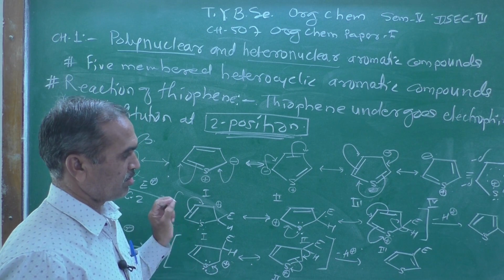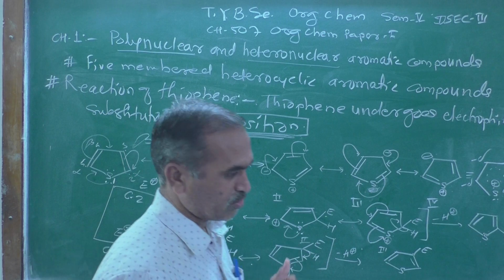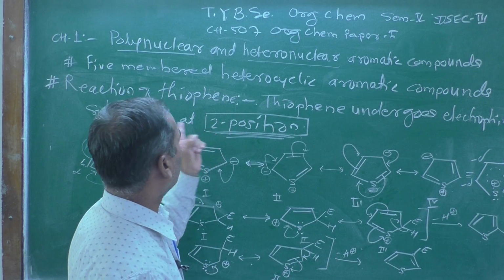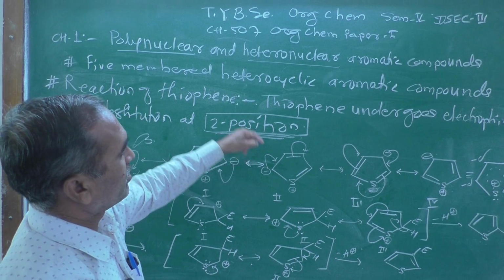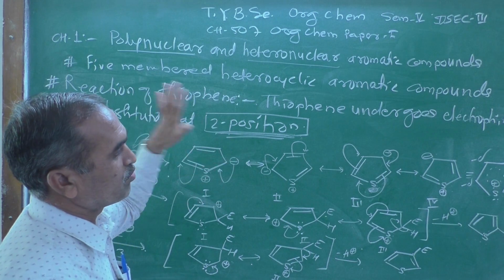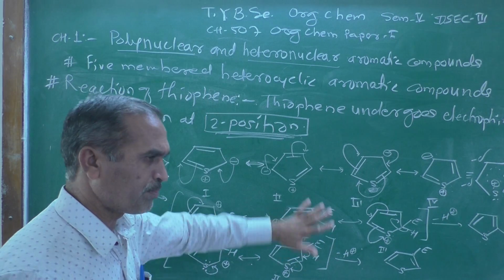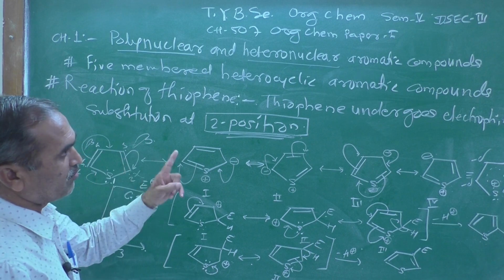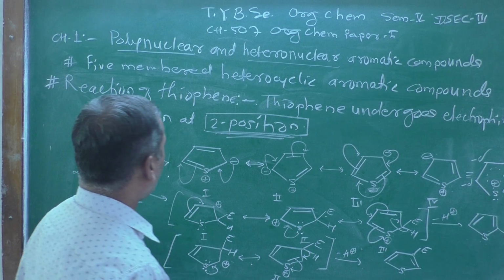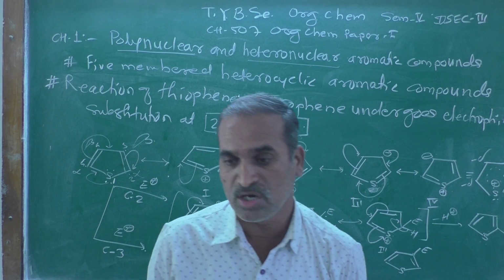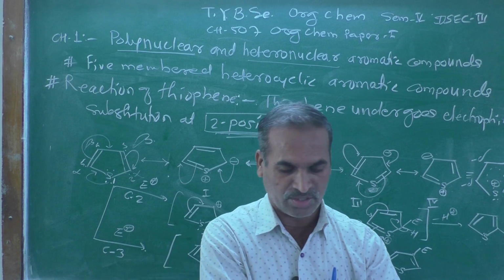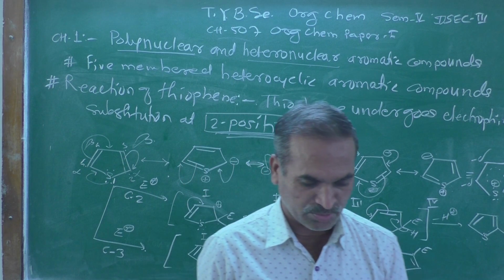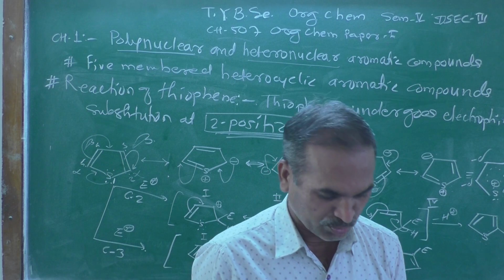Therefore, preferentially the electrophilic substitution occurs at the 2 position, and you should remember this sentence forever whenever there is an electrophilic substitution reaction in a plain 5-membered heterocyclic aromatic compound. Thiophene undergoes electrophilic substitution at the 2 position because thiophene is more aromatic in nature, and that is the reason why it undergoes electrophilic substitution at the 2 position.